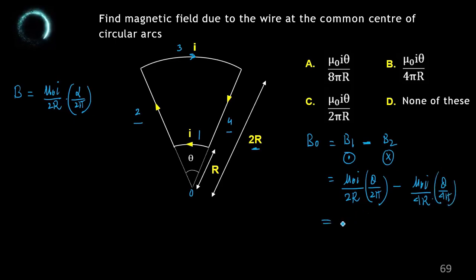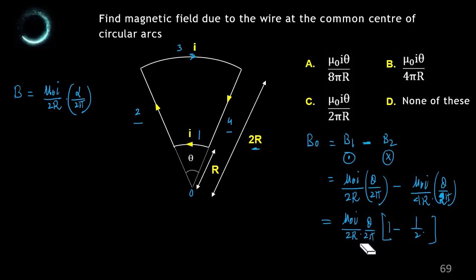So ultimately I can simplify it as mu naught I by 2R into theta by 2 pi if I take it common. So I am left with 1 minus 1 by 2, and the theta is by 2 pi here also. So 1 minus half is half.